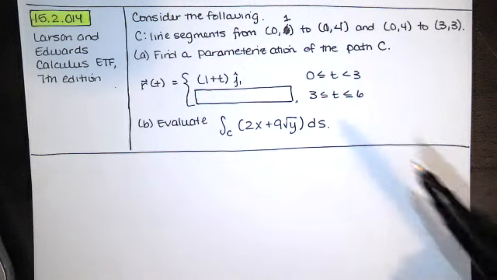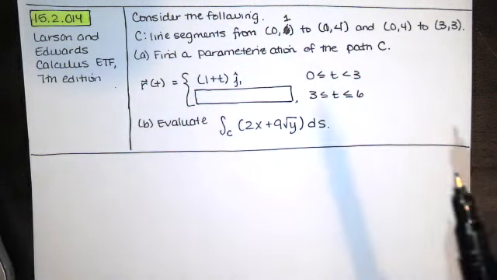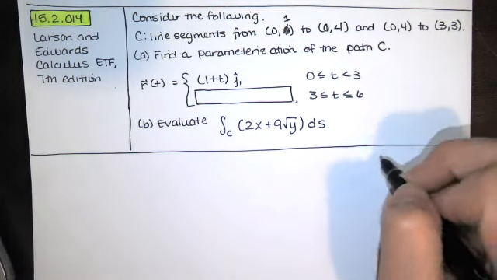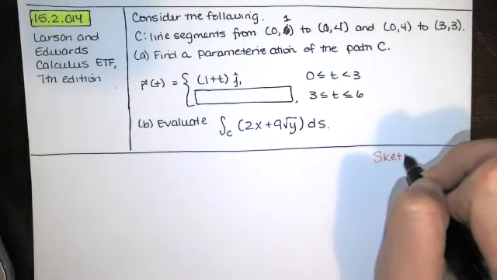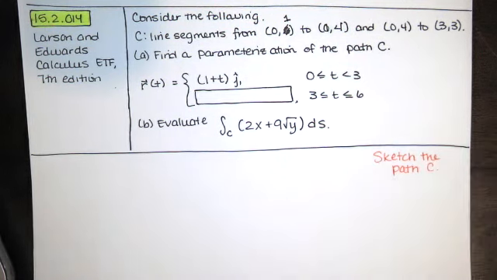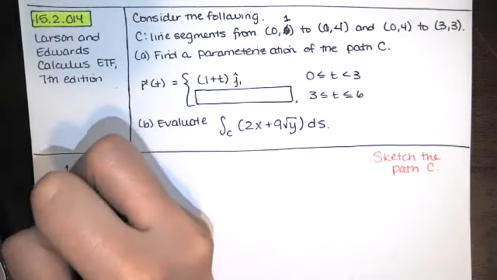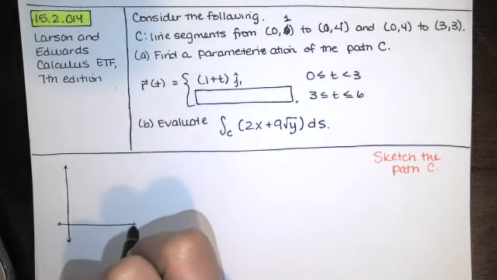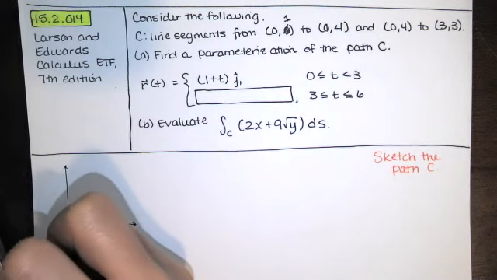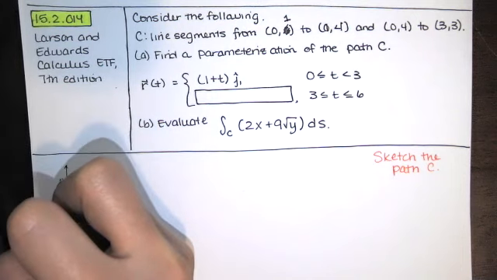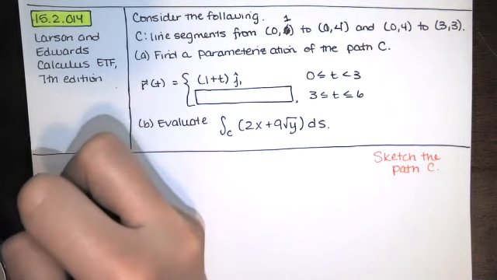So let's start by trying to come up with that parameterization. If we want to find a parameterization, the first thing we always ought to do is sketch the path. So they say start at x equals 0, y equals 1, and go to x equals 0, y equals 4.